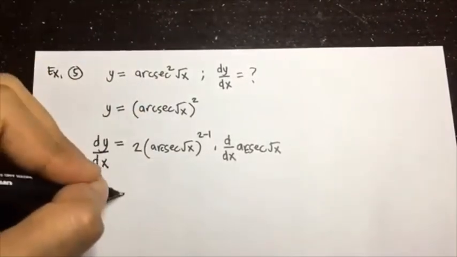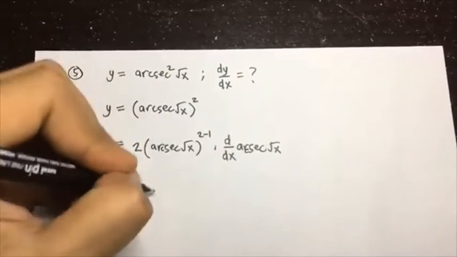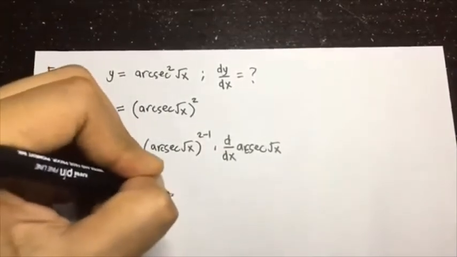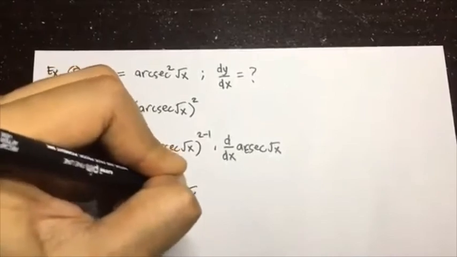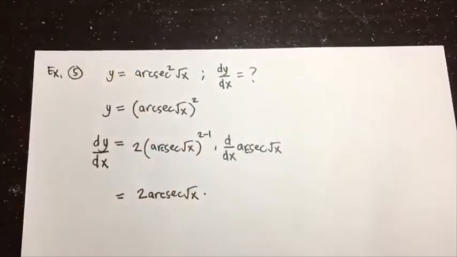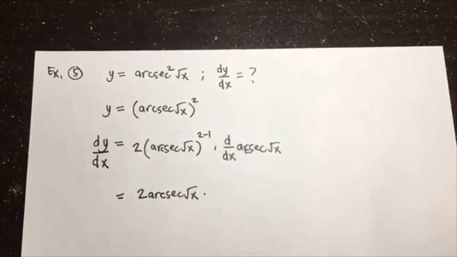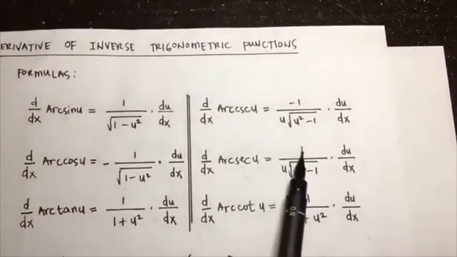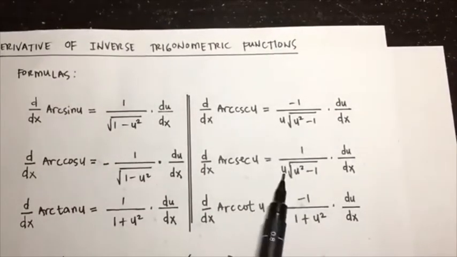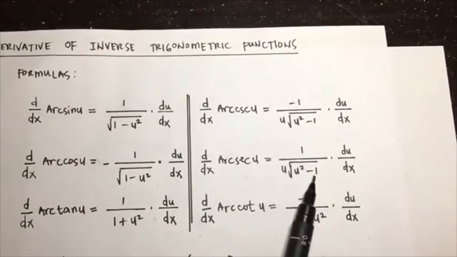So therefore this will become 2 arc secant of square root of x multiplied by the derivative of arc secant square root of x, which from the formula is positive 1 over u square root of u squared minus 1, multiplied by du over dx.